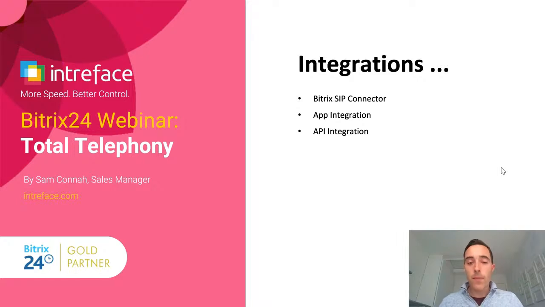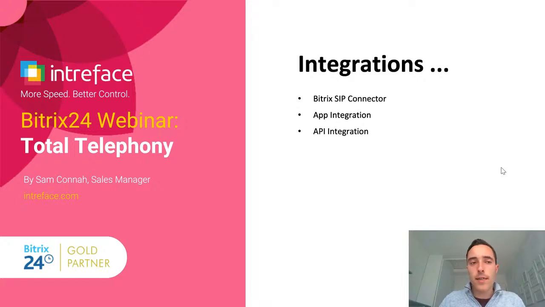So there are a lot of businesses as well that want to keep their existing numbers that they've had for a long time, all of their clients and the business fully built into that telephone number. So it's not possible to incorporate a new number into their business and their way of working.